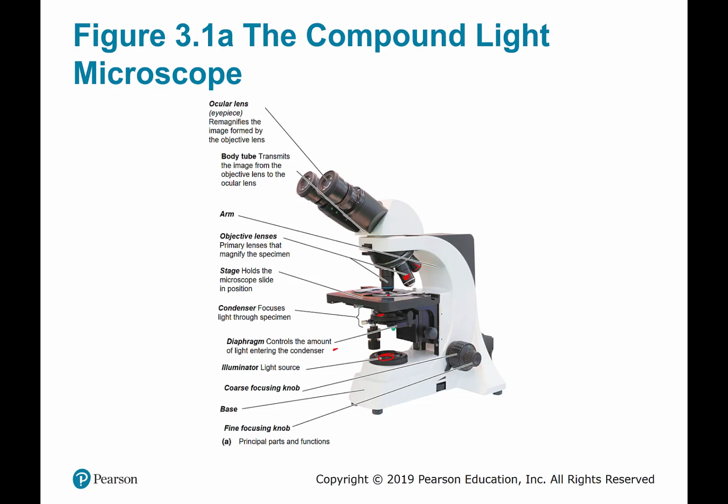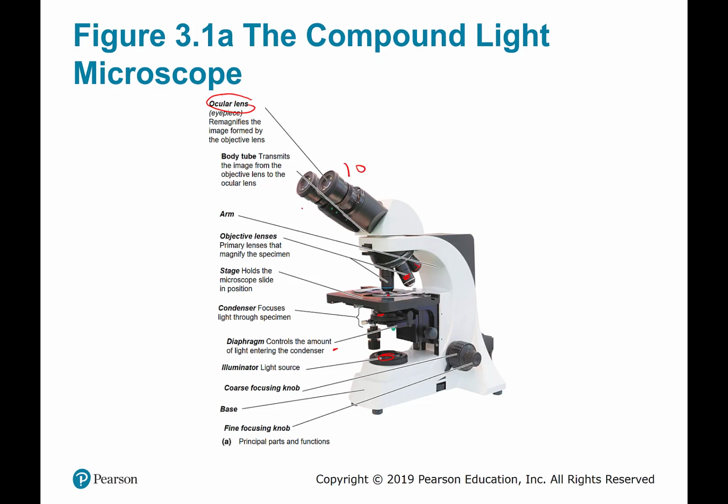After the light passes through the specimen, it's going to be magnified by the objective lens. It gets magnified a second time via the ocular lens. Your ocular lenses typically have a magnification power of 10x. Now you can purchase different ocular lenses that have an even higher magnification power, but typically in the laboratory they're just going to be 10x.